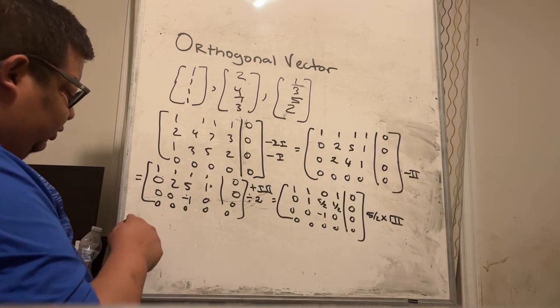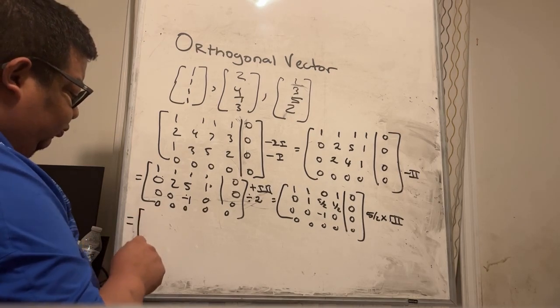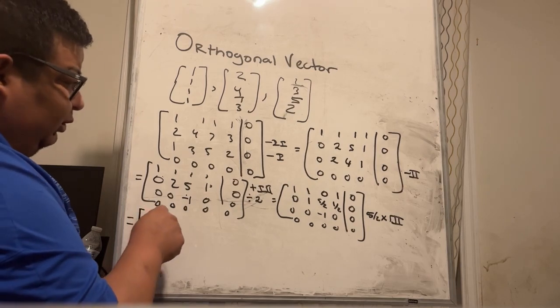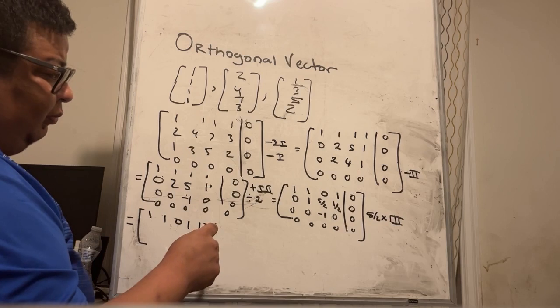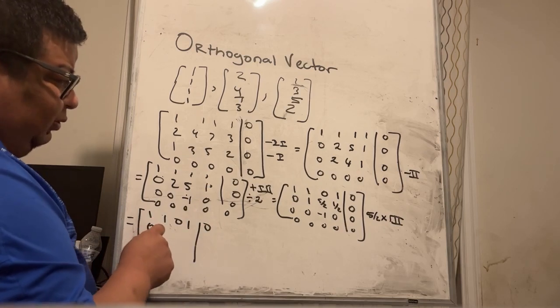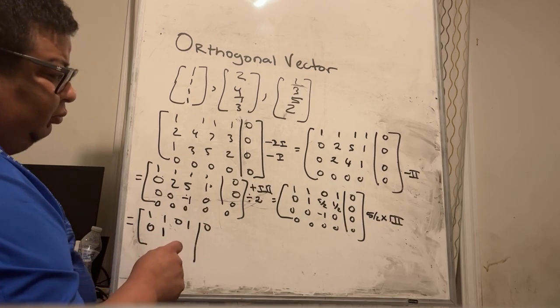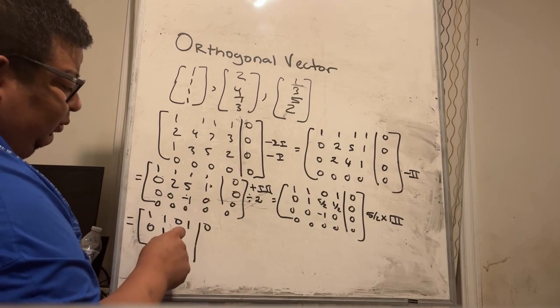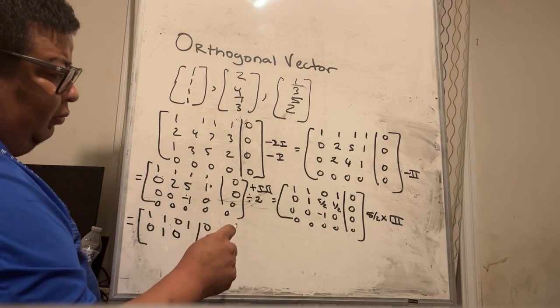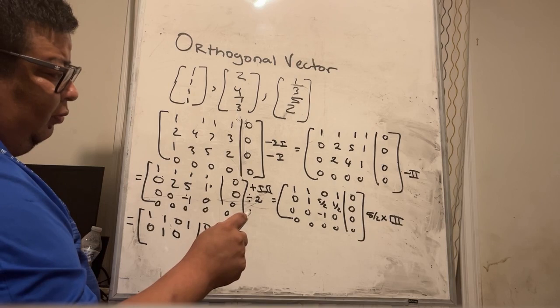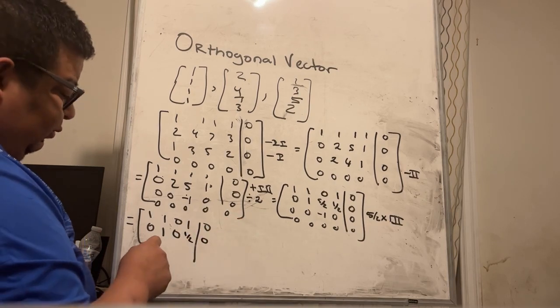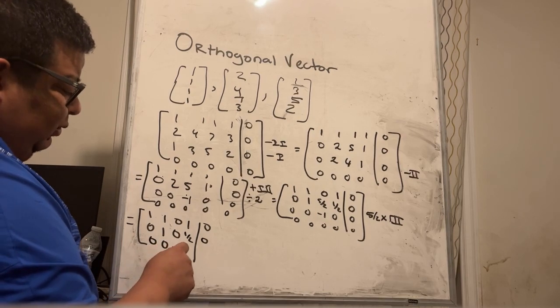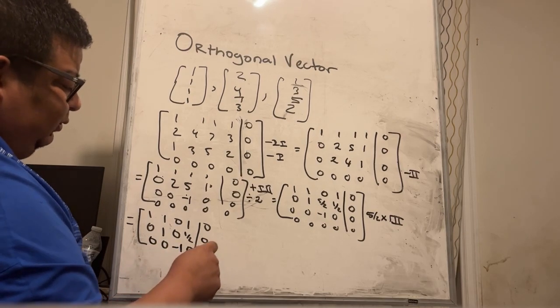So it'll be 1 1 0 1 0, then 0 1 0, then 1/2 0, then 0 0 1 0 0.